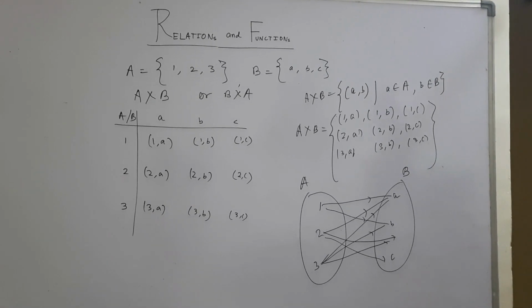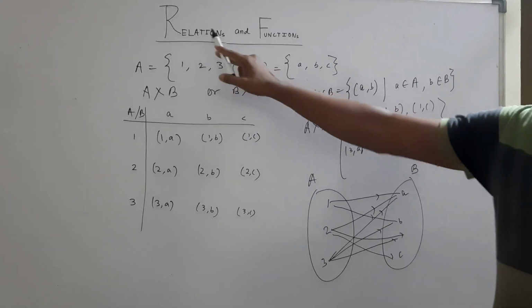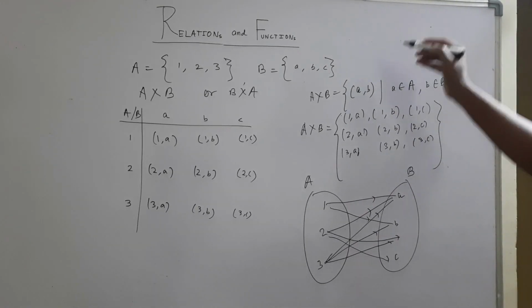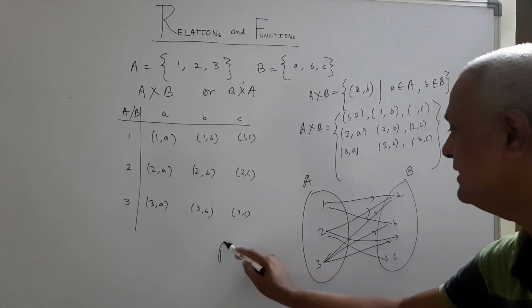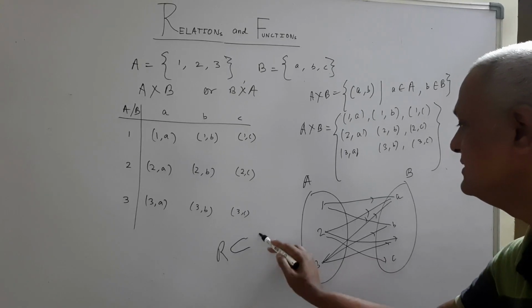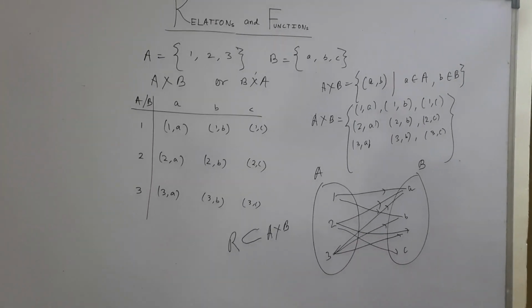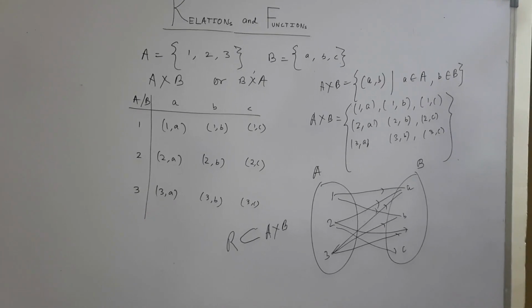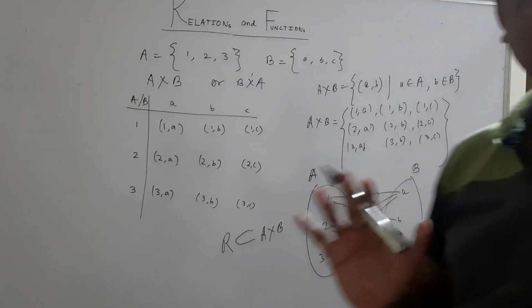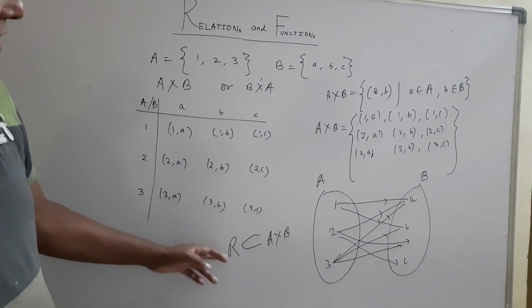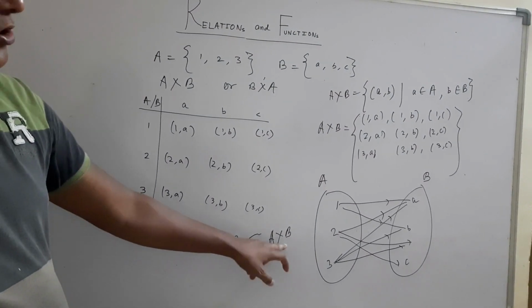Now a relation is just a subset of this set. So it is written that R is a subset of the Cartesian product A cross B. R is just a part of the Cartesian product A cross B.